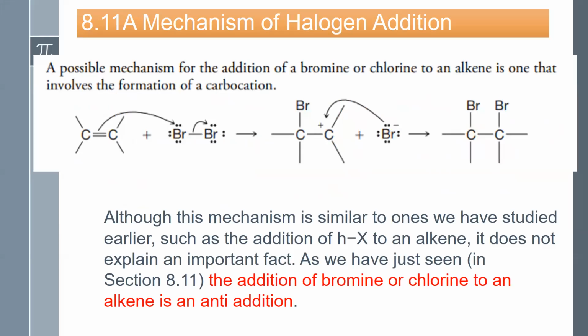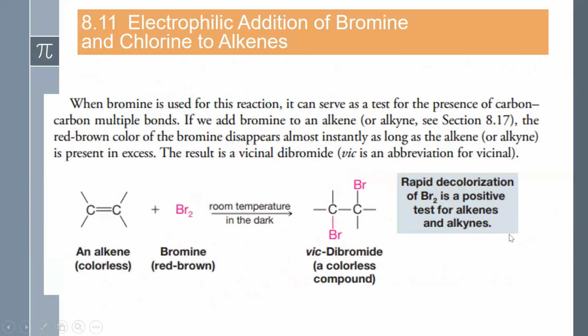Okay, so let's look at the possible mechanism for the addition of bromine. We titled this one electrophilic addition. So let's say electrophilic addition of bromine, our electrophile would be the bromine or chlorine. The other term for this kind of reaction is also called halogenation reaction. Halogens are added to your alkene.